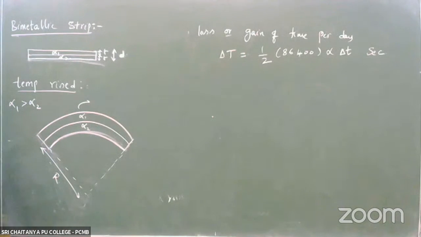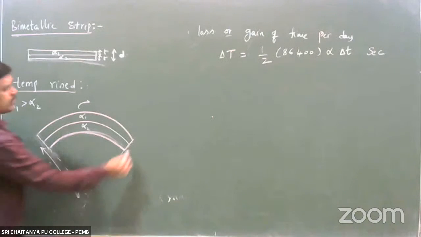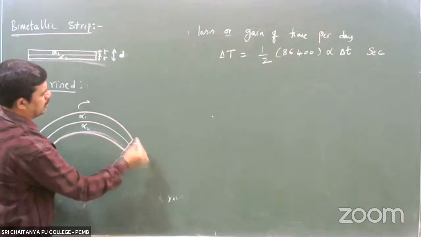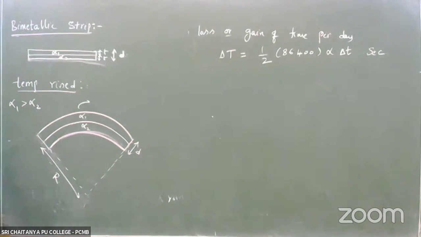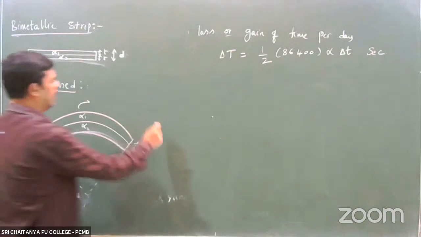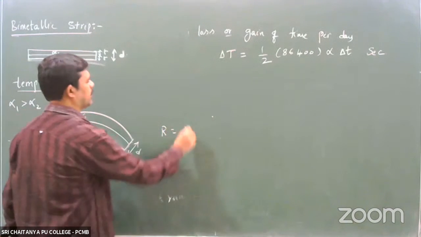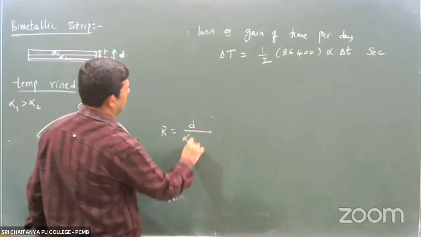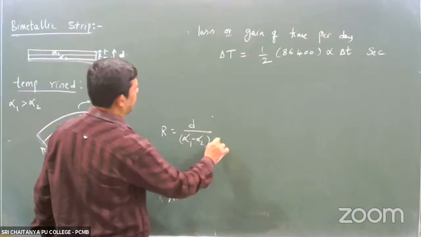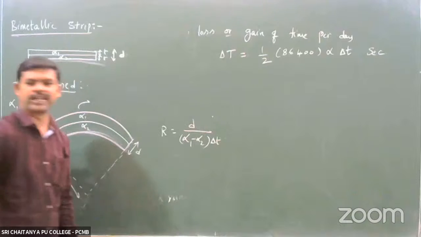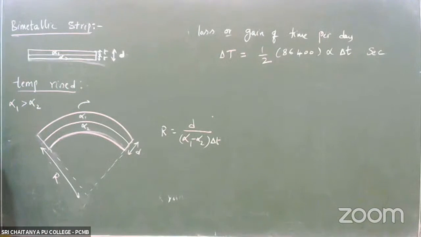See, the thickness of the bimetallic strip is D. Then what is the formula? R is equal to D by alpha 1 minus alpha 2 into delta T. Right? This is the formula. What is D there? Thickness of the total bimetallic strip.